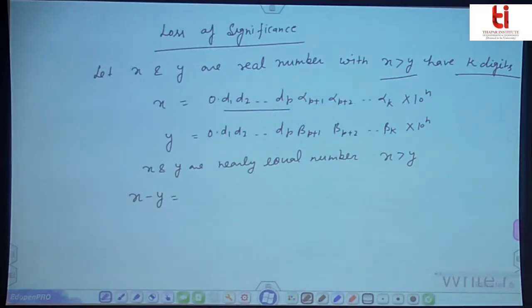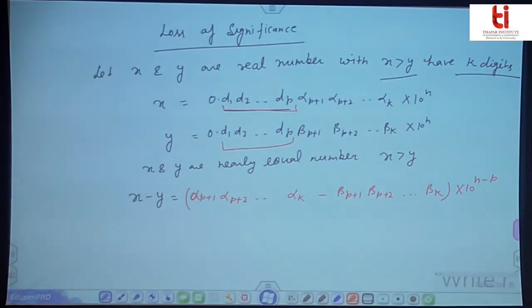The first p digits in x and y are the same. So we'll get 0 point, this number minus this number: alpha p+1, alpha p+2, ..., alpha k minus beta p+1, beta p+2, ..., beta k into 10 raised to power n minus p.